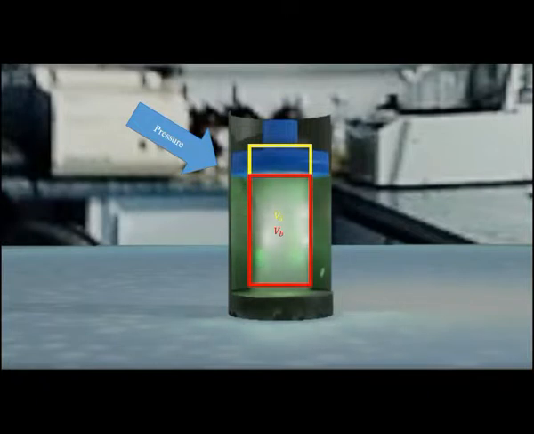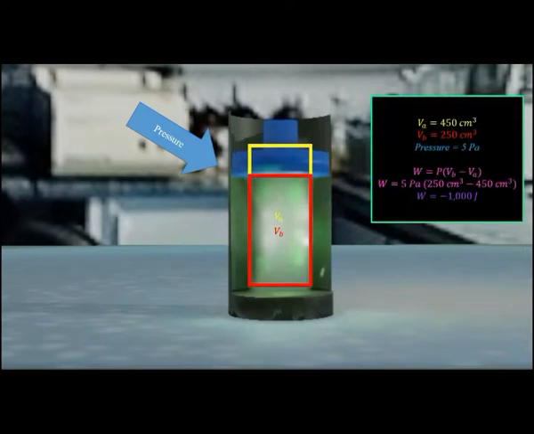The volume went from 450 cubic centimeters to 250 cubic centimeters. In this case, let's suppose the pressure is 5 Pascal. What will be the work done by the gas? The work done is minus 1000 joules.